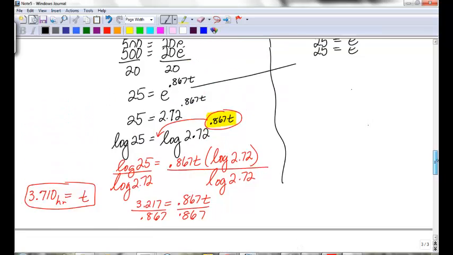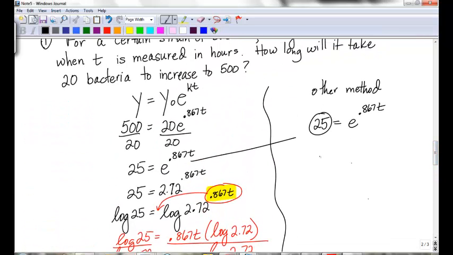So if I just come up here and take the natural log of this side, I really get e to the 3.219 equals e to the 0.867t. Bases are the same. Set the exponents equal. So 3.219 equals 0.867t. So take what's on your calculator divided by 0.867.